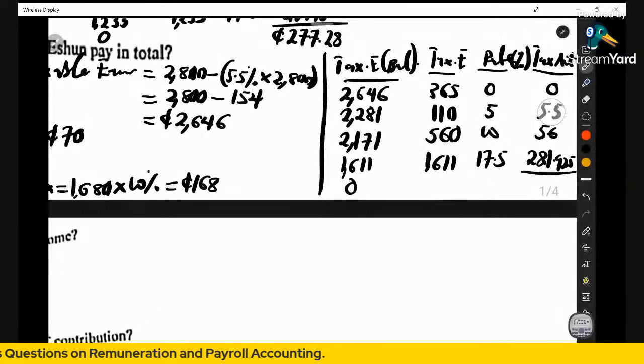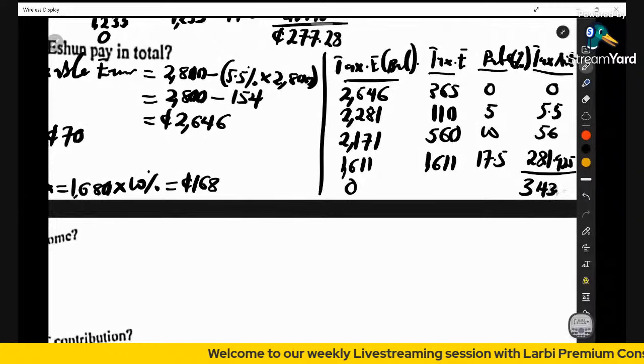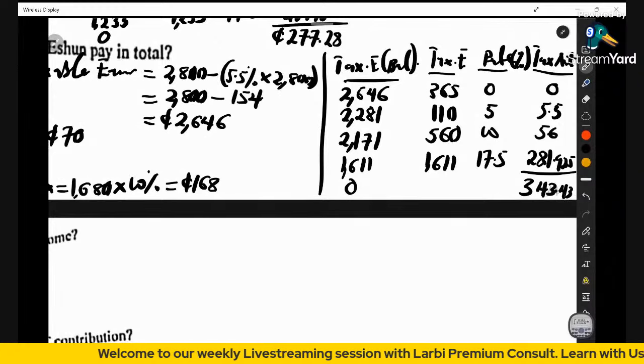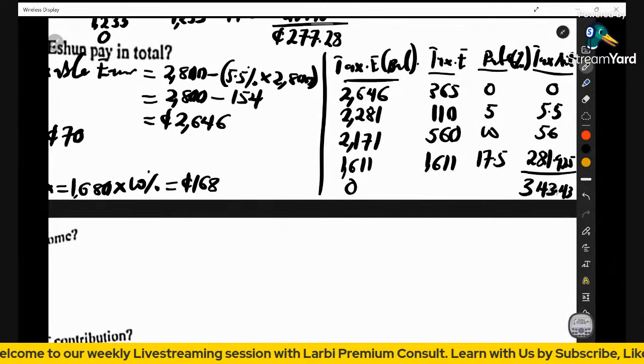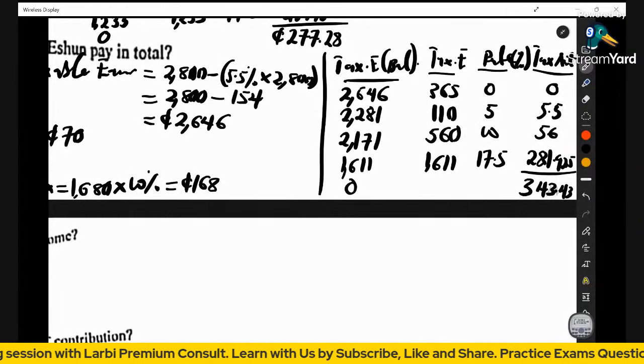What are you going to get for this? In my case, I had a total of 343.43 in 2 decimal places. I had 343.43. You can also check for me to see if that is true with the calculation of the totals.